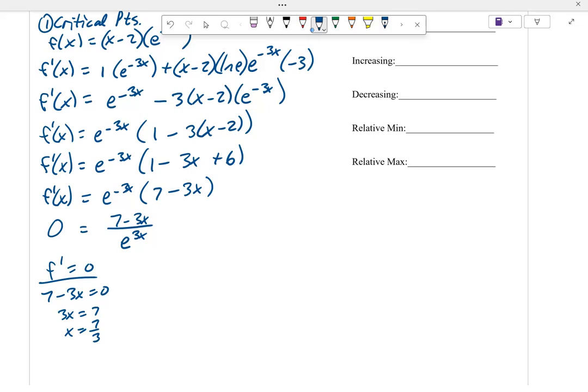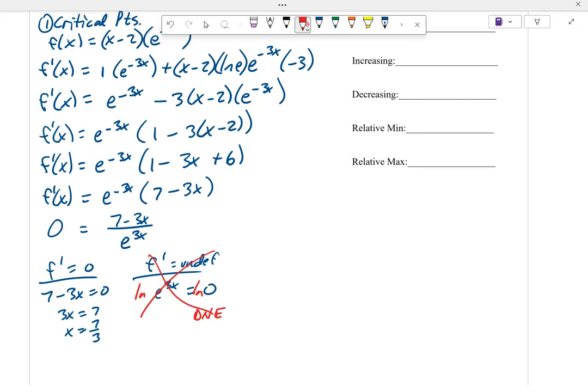Now, where would f prime be undefined? Well, if e to the 3x equals 0. Will e to the 3x ever be 0? No, because if I run the natural log on that, the natural log of 0 does not exist. So e to the 3x will not produce any critical points.